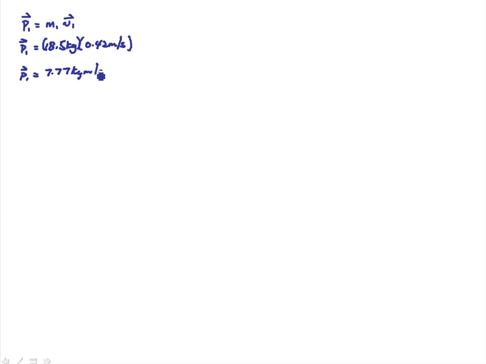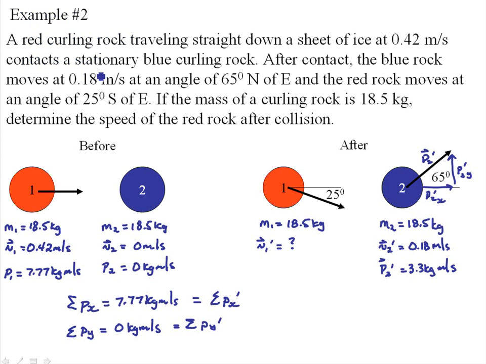I'm not going to show that second calculation because that was just an mv, but I am going to redraw this diagram so that it'll help me find its components, and then I will come back and look at what else I can do to help me find information for object 1.